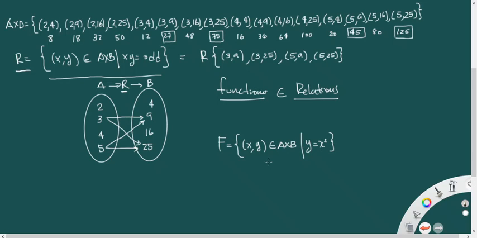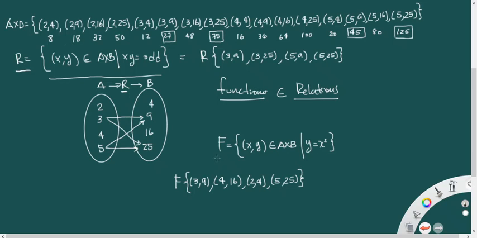So if we look at the Cartesian product for A and B, we will come up with the set F: 3, 9, 4, 16, 2, 4, and 5, 25.